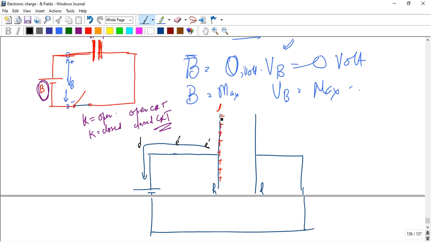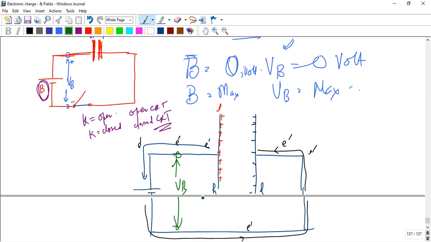And the same concept, there is more negative in that direction, more electrons here, negative. Okay, so that is VB, the terminal potential VB.